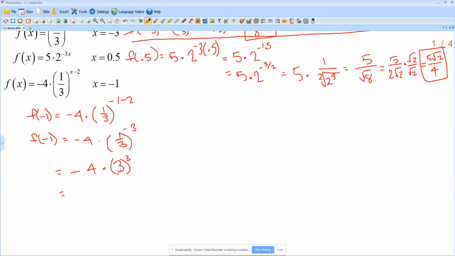Three cubed is 27, and 27 times -4 is -108. So all that's going to help us for is a lot of the cases where what we're looking to do is find some points on an exponential function.